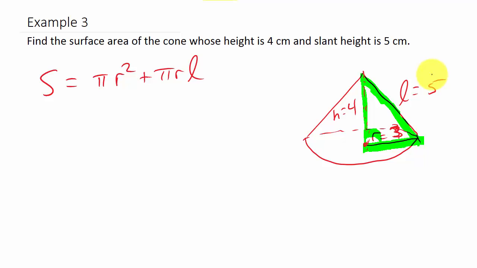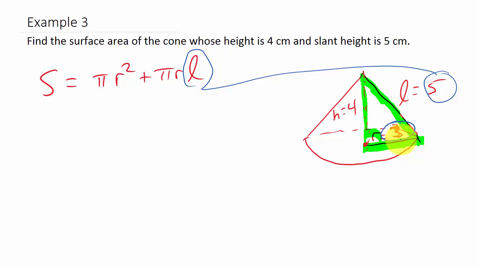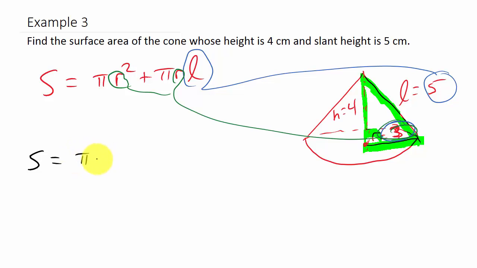So here we have L is 5, and we have the radius, we're going to plug in the 3. All right, so the surface area is pi times 3 squared plus pi times the radius times the slant height.